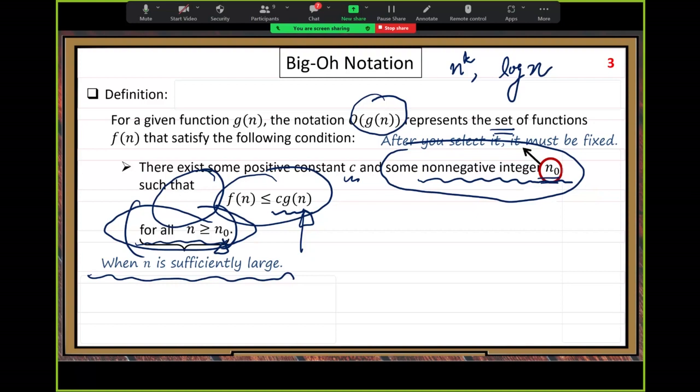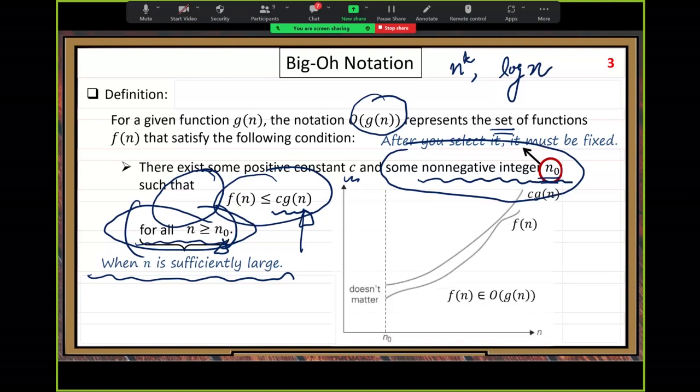But for some questions, 1 million is still not large enough. You need to use a larger number for n0, based on your problem. So how large n0 is depends on your problem.